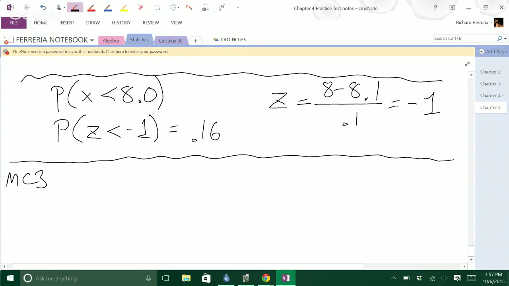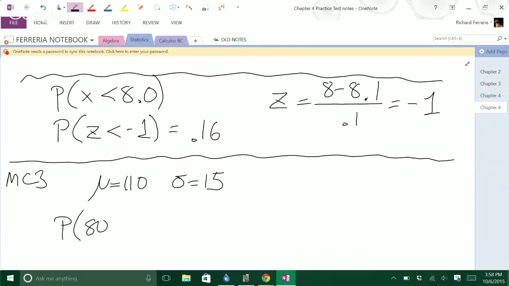MC3, we have mean mu equal to 110. Standard deviation sigma is 15. So we want to know the proportion of babies that are between 80 and 95.